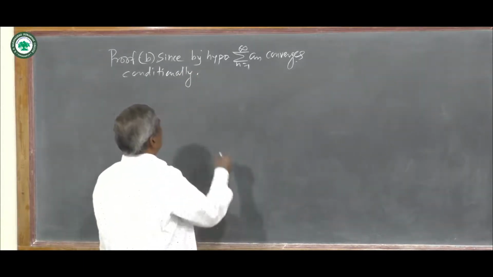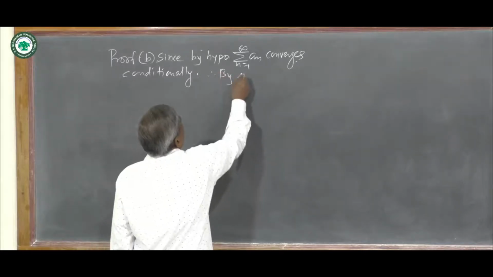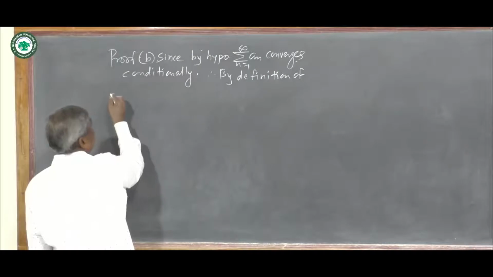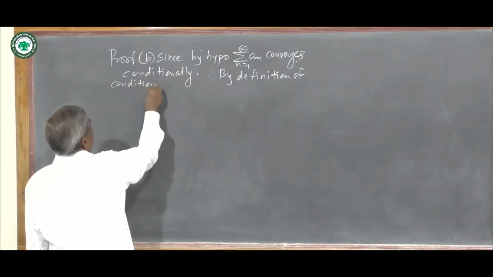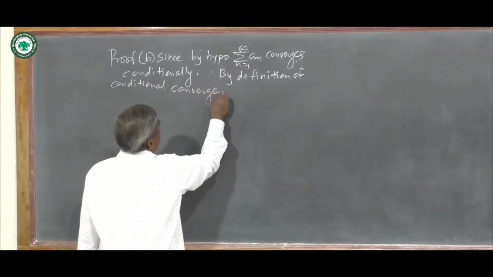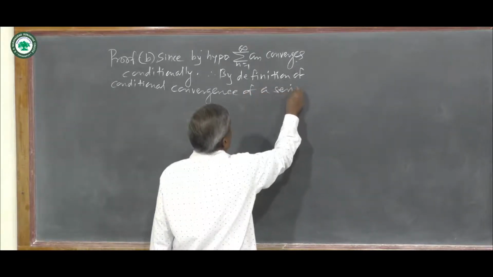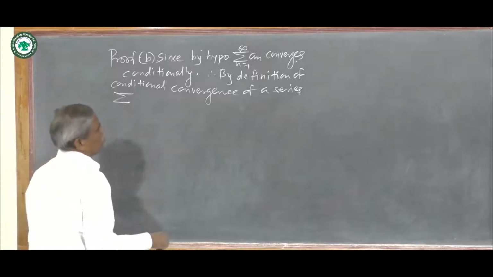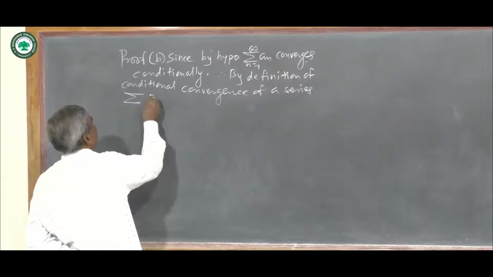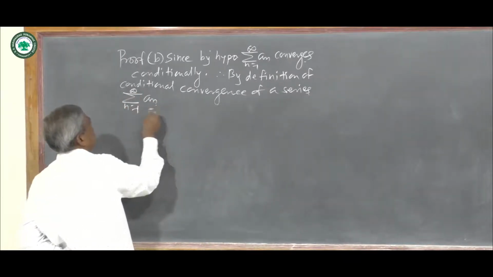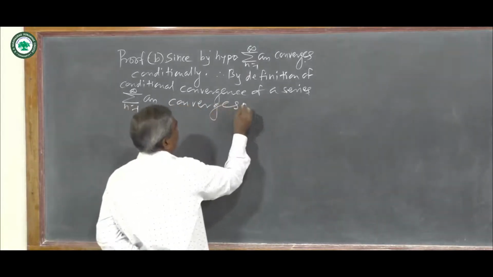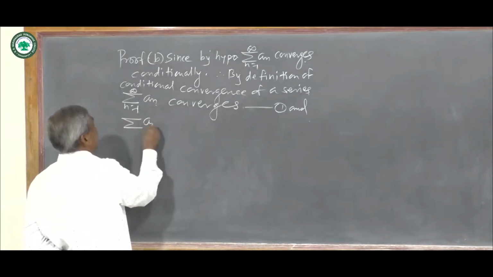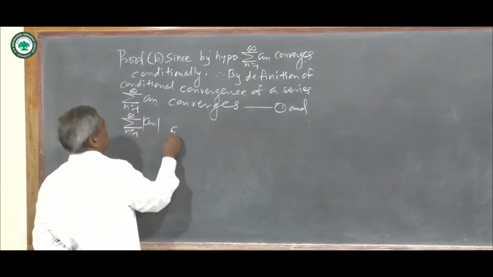Therefore, by definition of conditional convergence of a series, sigma an converges and summation mod an, n is equal to 1 to infinity, diverges.